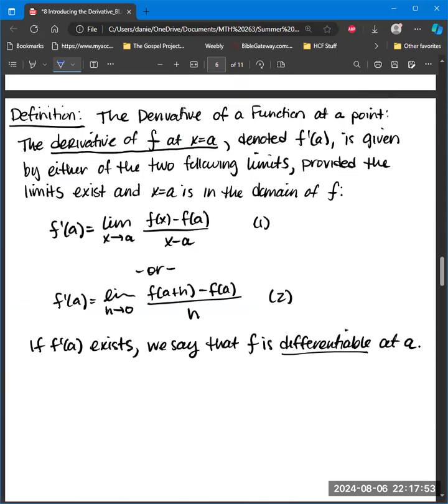Let's go ahead now and talk about an example of finding a derivative at a point. First, a definition: the derivative of a function at a point, the derivative of f at x equals a, which is denoted f prime of a, is given by either of the two following limits, provided that the limits exist and that x equals a is in the domain of f.